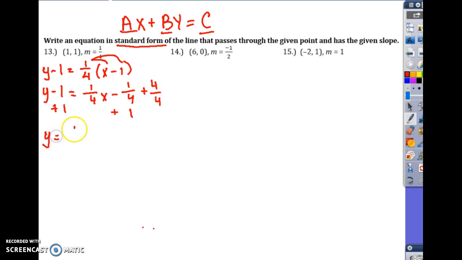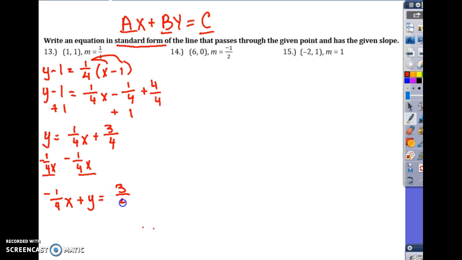So I end up with y is equal to 1/4 x, and -1 plus 4 is +3/4. Now we're in slope-intercept form, but I want to get to standard form. So I'm going to subtract my 1/4 x from both sides of my equation. And when I do that, I end up with -1/4 x plus y is equal to 3/4.